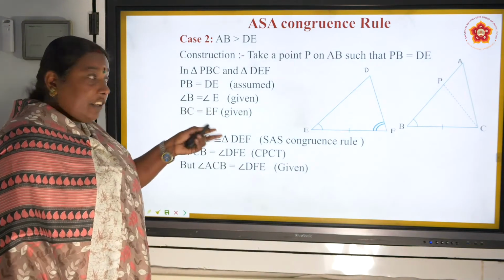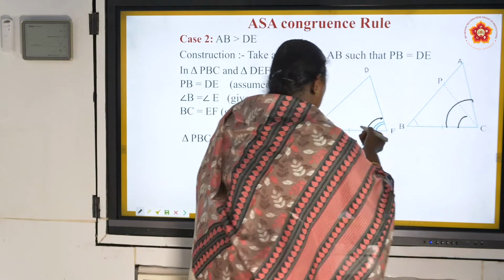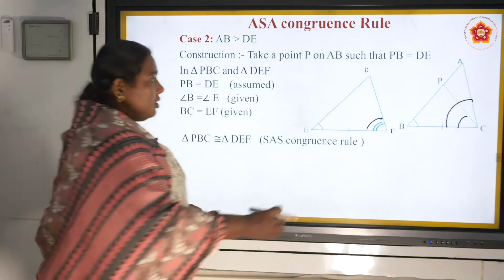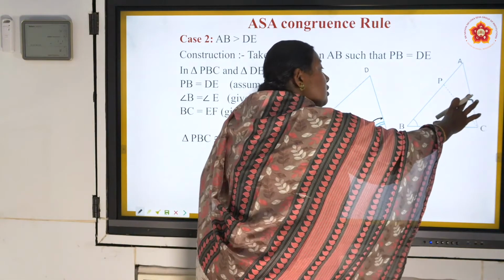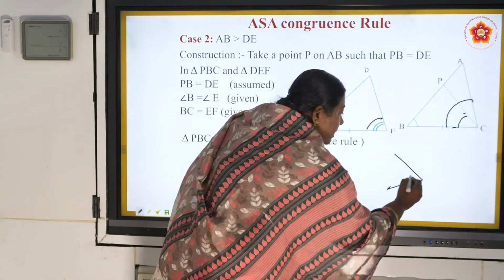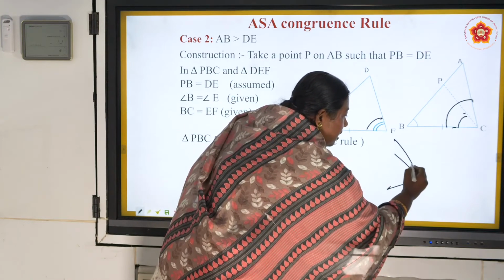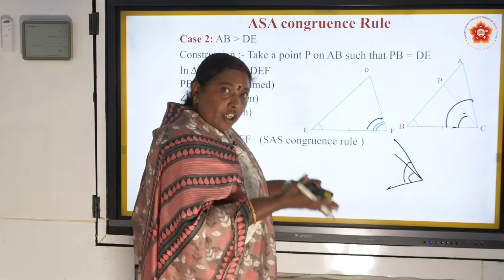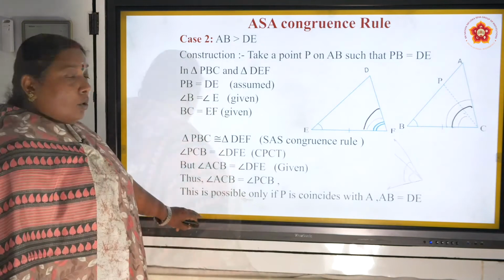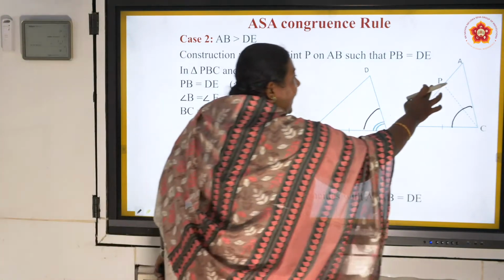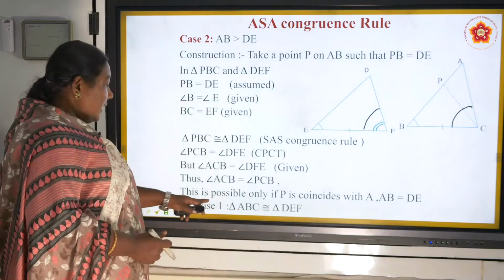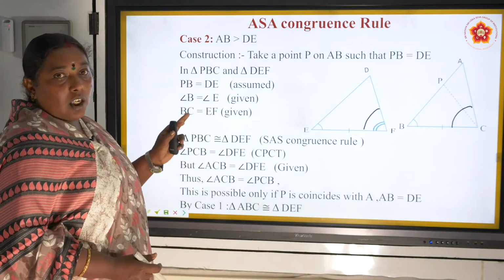But as per my given, angle ACB is equal to angle DFE. How is it possible? This is also 40, this is also 40. Not possible. If this is also 40, this is also 40, that means I am drawing wrongly. Both the lines are the same only. So it shows that the points A and P are not different. Both are the same. So that is why I can tell that both the triangles are congruent.